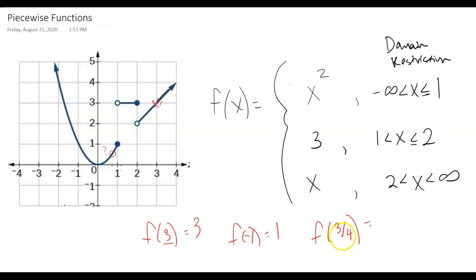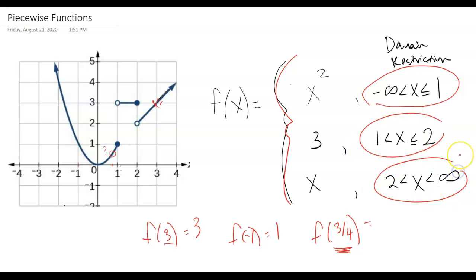So this is where the power of the equation comes in handy. What you want to do is you want to look at what x value you're up against, right? Like, in this case, it's 3/4. And you want to first find which of these 3/4 fits into. Like, which domain is it a part of? Is 3/4 between negative infinity and 1? Is it between 1 and 2 or 2 and infinity?